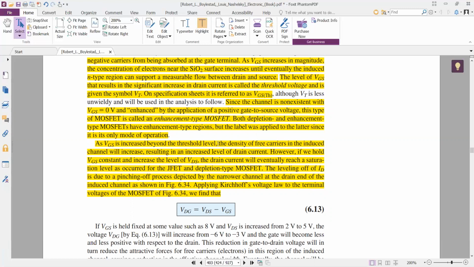However, what will happen if we hold the gate to source voltage constant and increase the drain to source voltage?